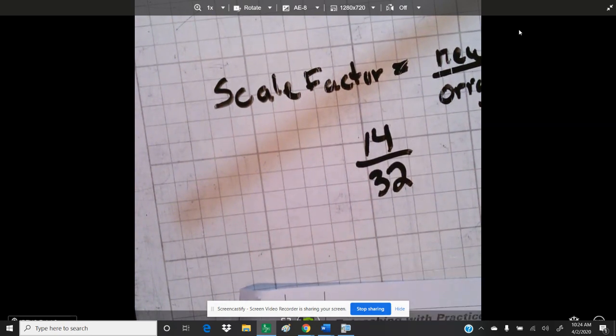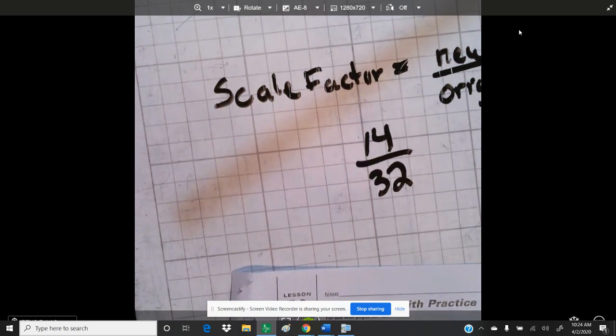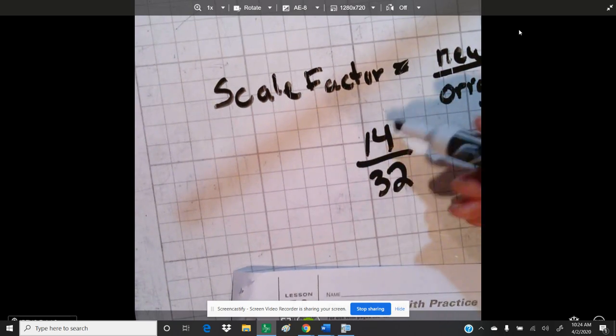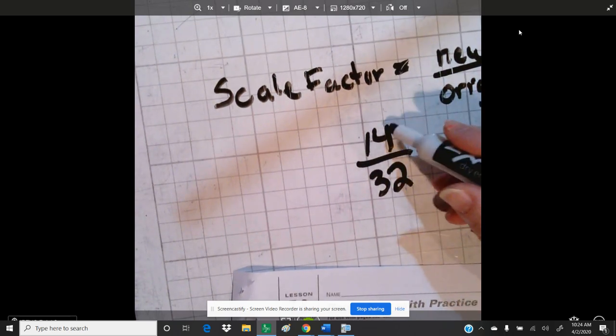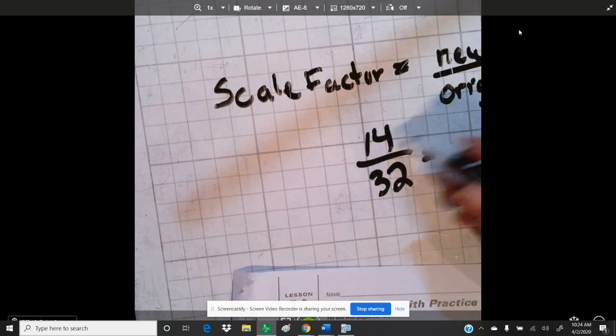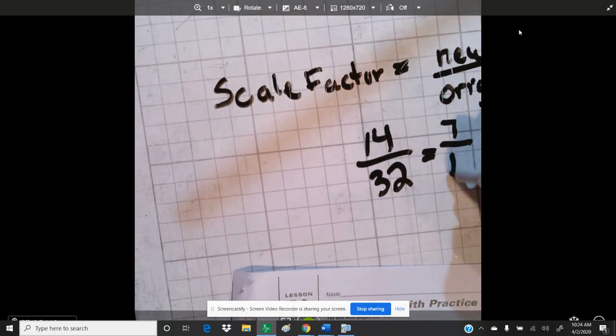And once again, I know you've got a button on your calculator that will do that really nicely for you. Either that or you can just go ahead and do it in your head. You immediately know that they're divisible by 2 because they're both even. So 14 divided by 2 would be 7. 32 divided by 2 would be 16. So your scale factor would be 7/16.